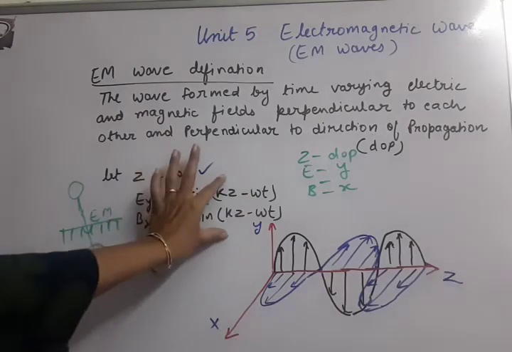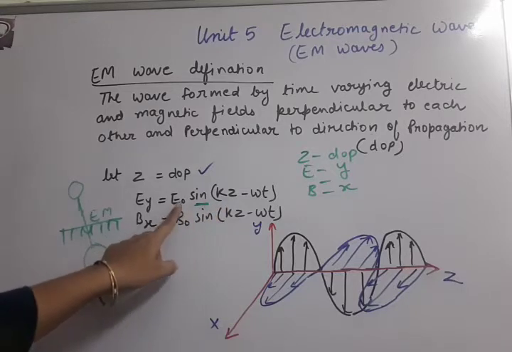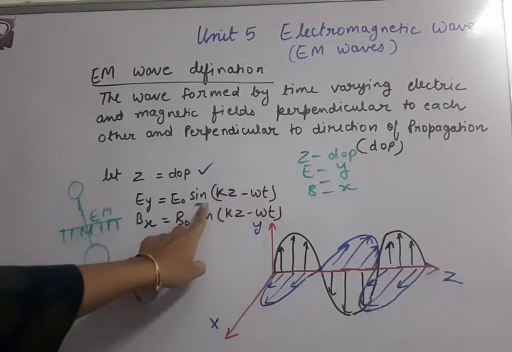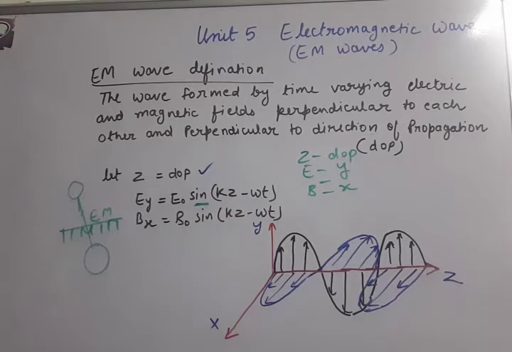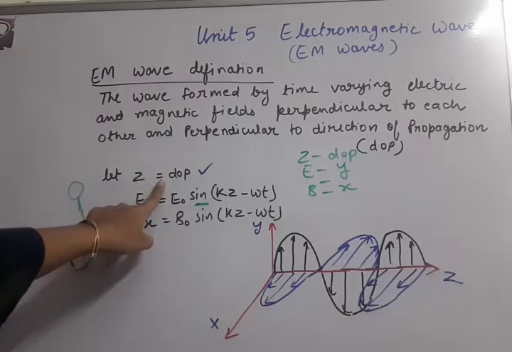Now what should be the equations? Remember, in the formation of the equation, the time variation also should be shown in sine, and in what direction it is proceeding, in Z direction, that is also to be written in the bracket. So remember these two equations which are allowed for electric and magnetic field. In the question, DOP will already be given to you.